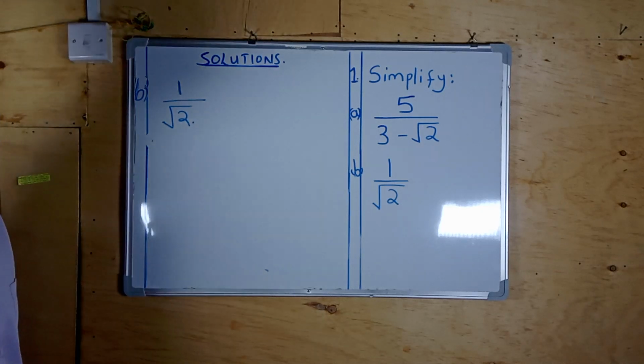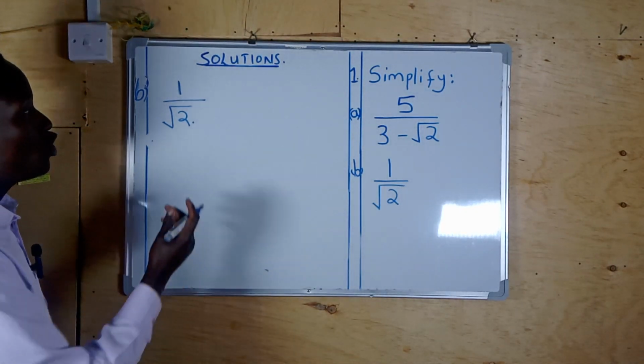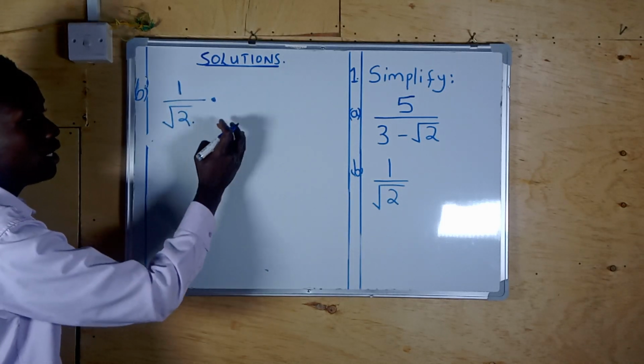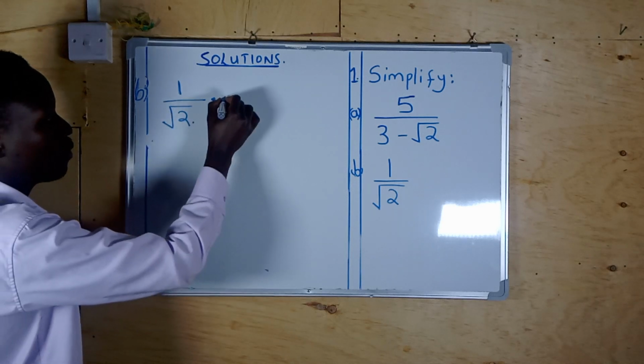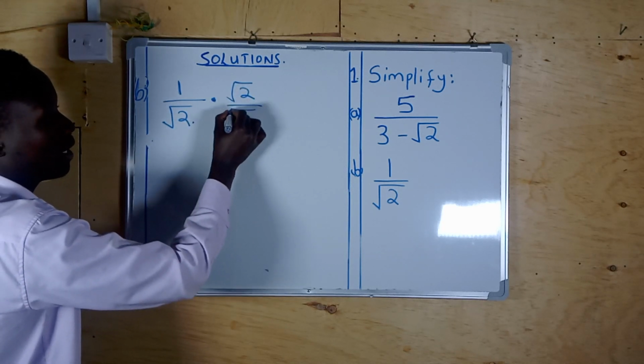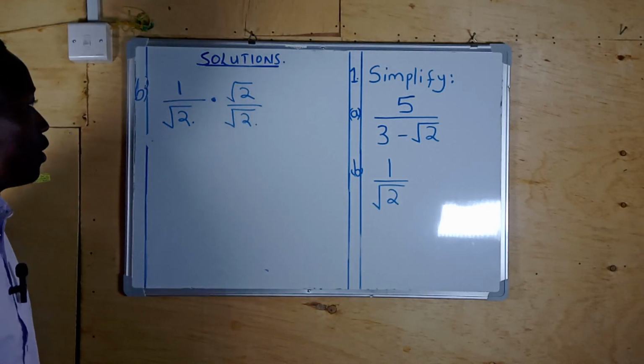So when we are told to simplify such kind of a surd, we are going to multiply at the numerator and at the denominator with our denominator here. So we will multiply by square root of 2 over the square root of 2. That is how we multiply it.